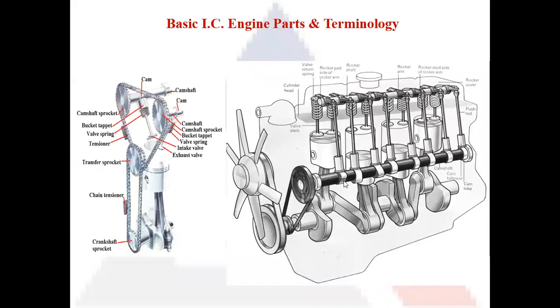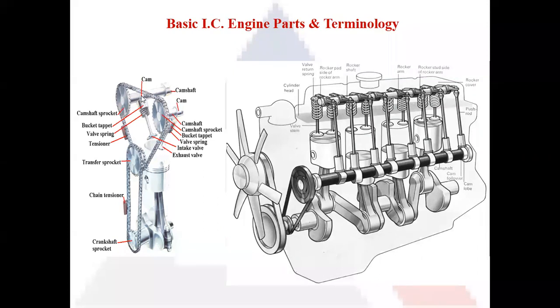Now this is the diagram that shows you the mechanism of the cam. So here we have an overhead cam mechanism. Okay, so this is your camshaft. There are cams on top of this camshaft.